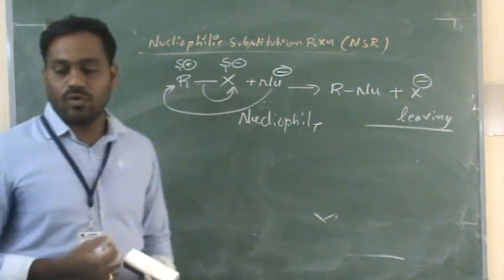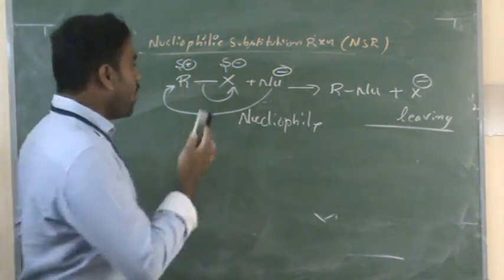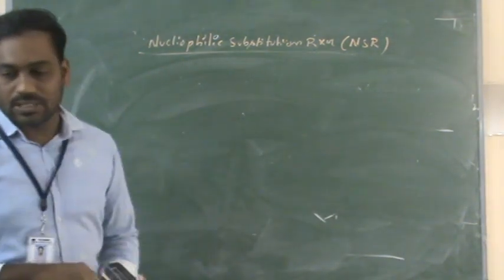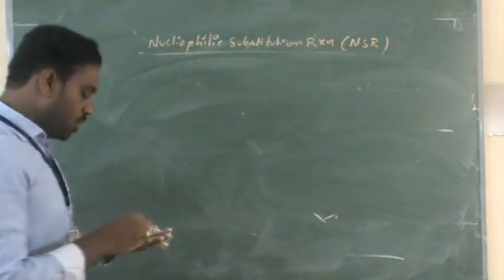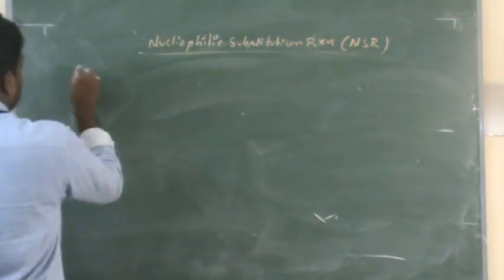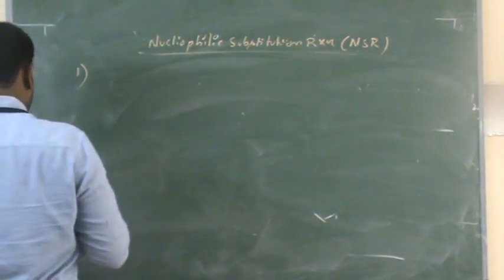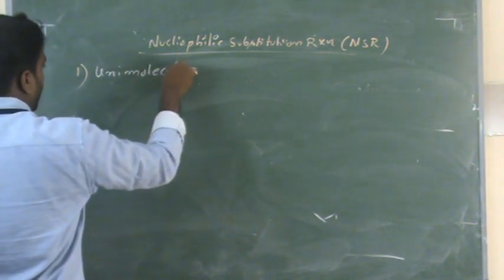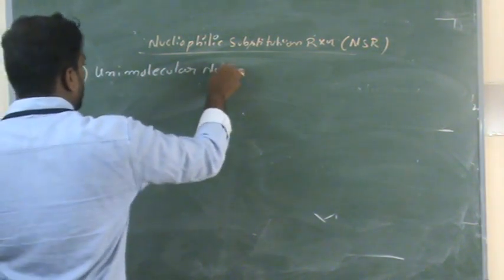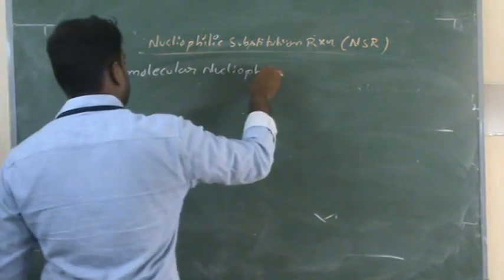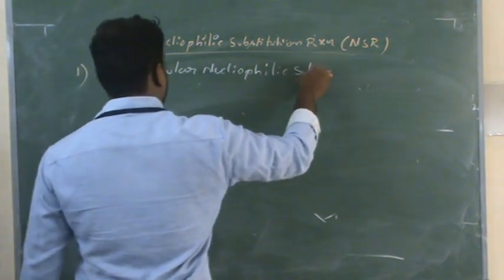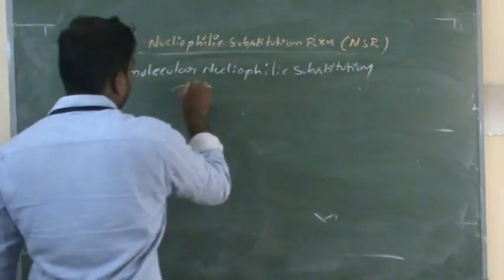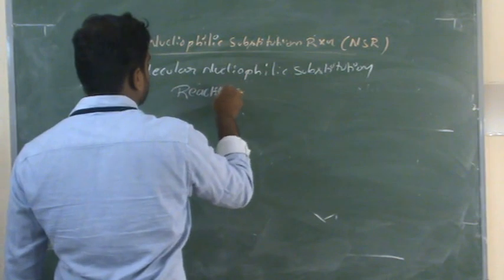There are two types of nucleophilic substitution reactions. One is called unimolecular nucleophilic substitution reactions, and the other is bimolecular nucleophilic substitution reactions. The first among these is unimolecular nucleophilic substitution reactions.